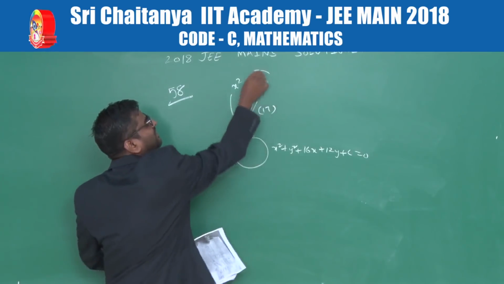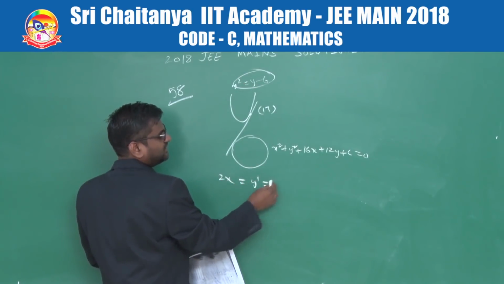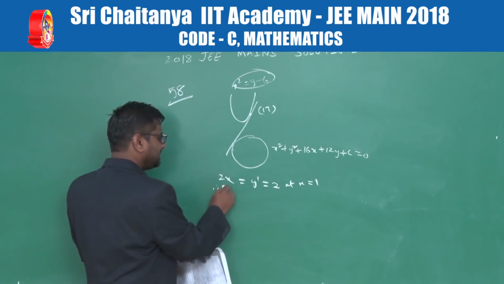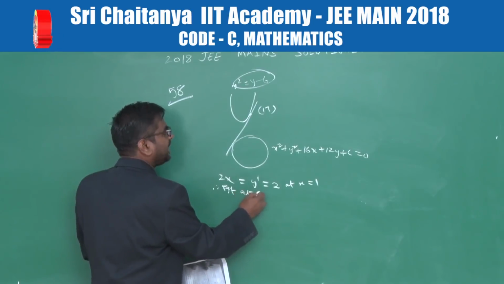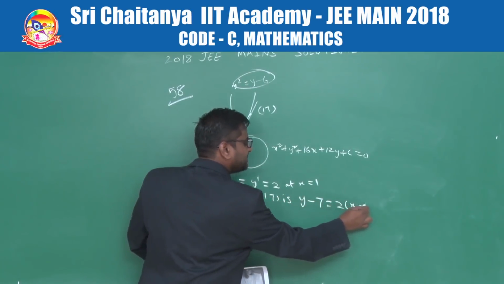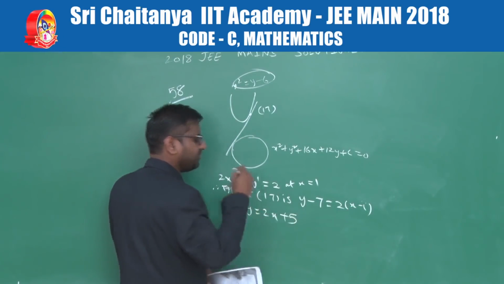What we will do is differentiate this, you get 2x equal to y dash, that is equal to 2 at x equal to 1. Therefore, the tangent at 1 comma 7 is y minus 7 equal to 2 into x minus 1, or y equal to 2x plus 5.